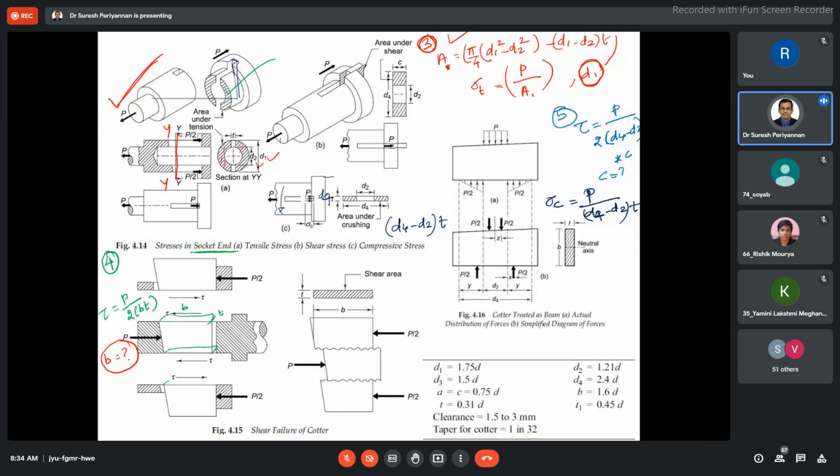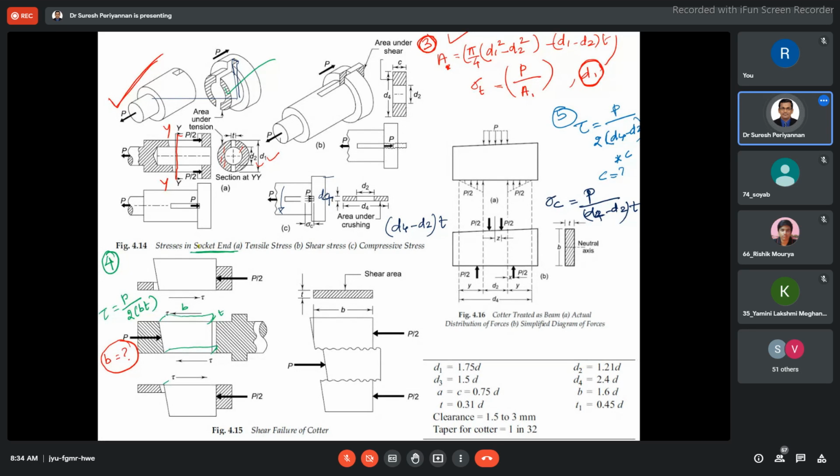But when the socket and spigot are in a loose connection, then bending is going to occur inside the cotter. If they are tightly joined, shear is developed, but when they are connected loosely, bending occurs in the cotter.